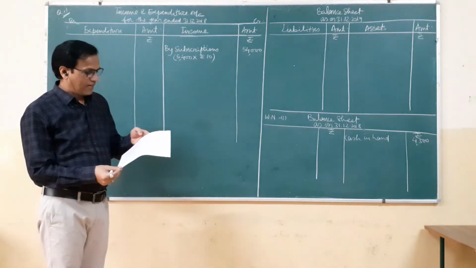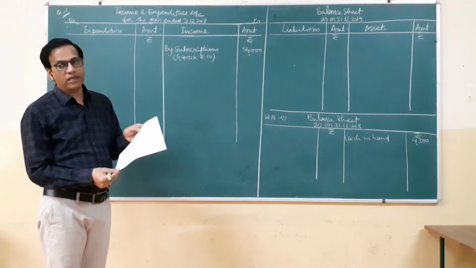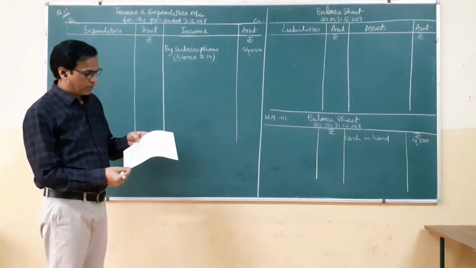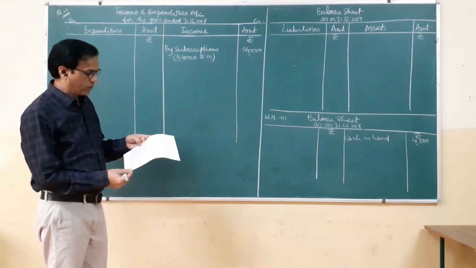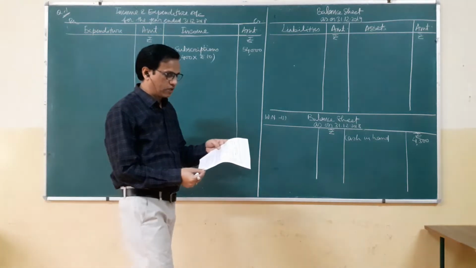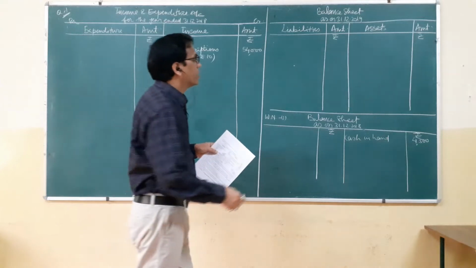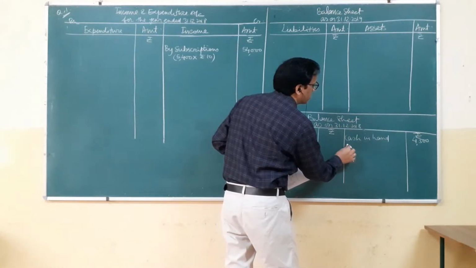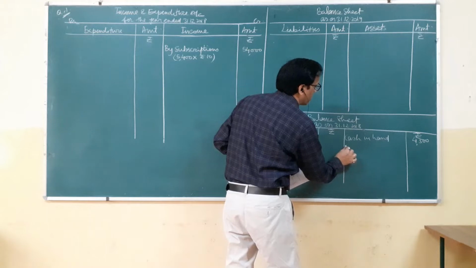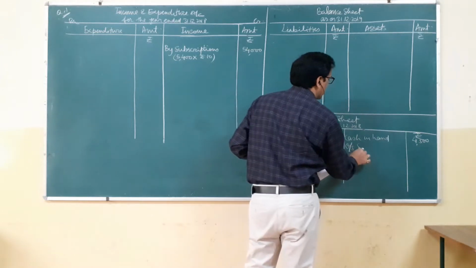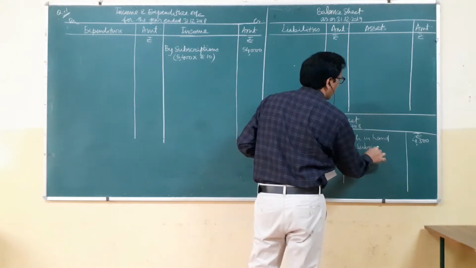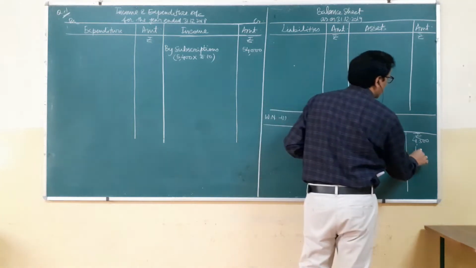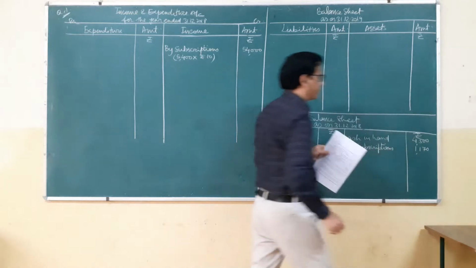Now, 2018 we received 900 rupees. And in the additional information it is given that subscription amounting to 1,170 was in arrears in respect of the year 2018. So for 2018, 1170 was the amount which was outstanding. So we will calculate here as outstanding subscriptions. We will write it here, outstanding subscription 1170.